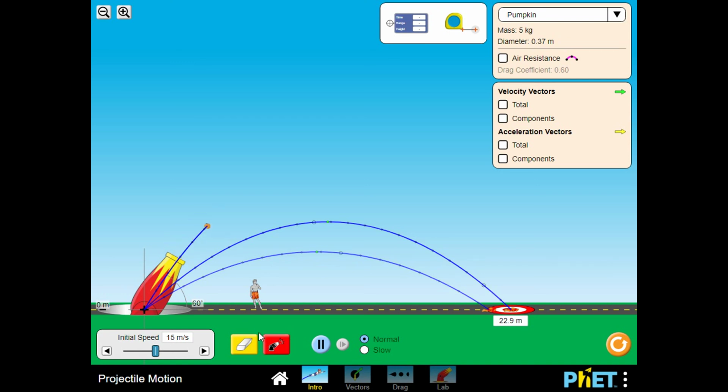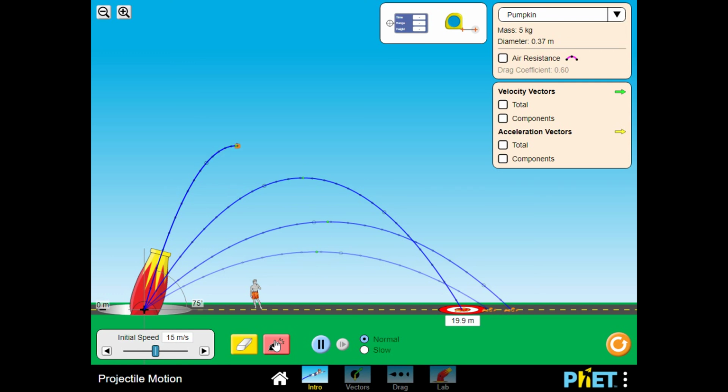22.9, and at 60 degrees, the horizontal displacement also decreases to 19.9. At 75 degrees it also decreases, and again at 90 degrees.